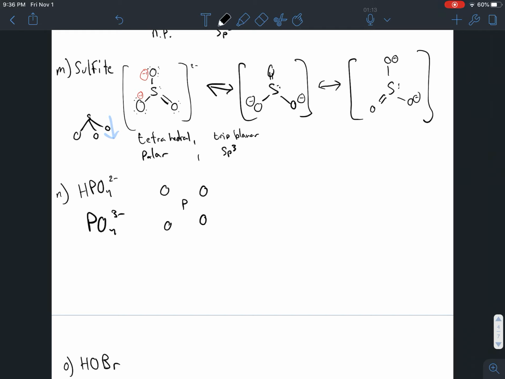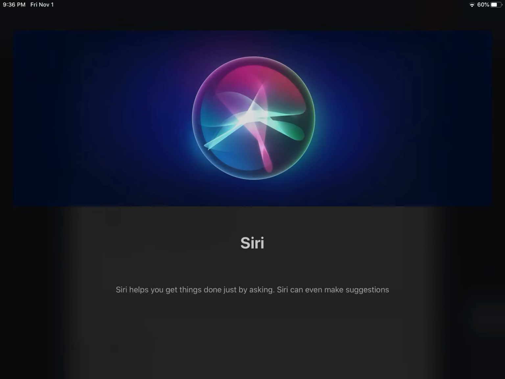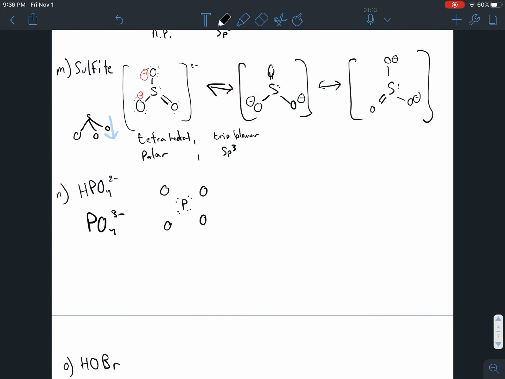Phosphorus has 5. I drew it with 8 because this has a 3 minus charge. And I just think this is going to bring me good luck. I drew the 6 on oxygen.